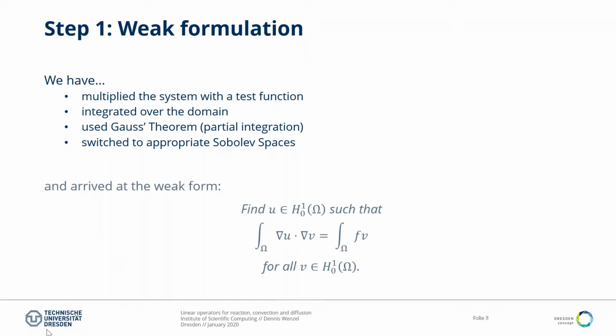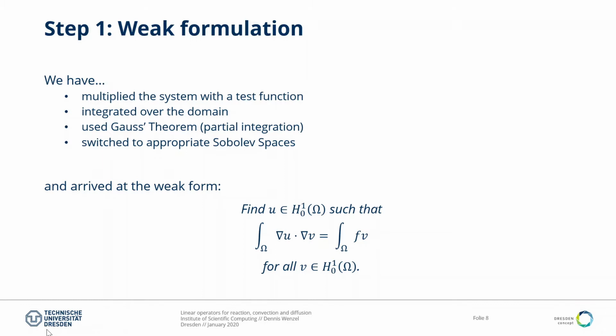So this gives us the weak form of the problem. Find u in H10 such that the integral over gradient u times gradient v equals an integral over f times v for all test functions v in H10.